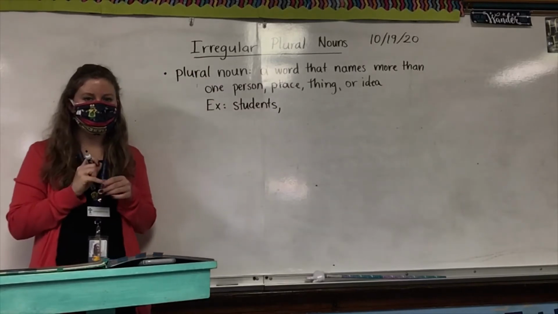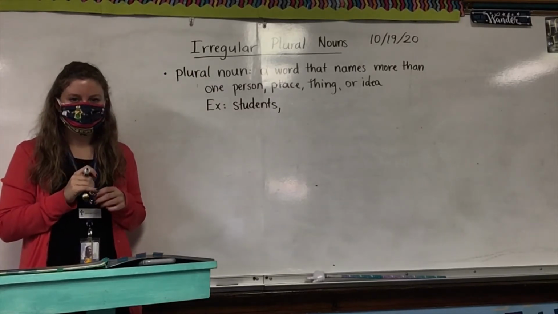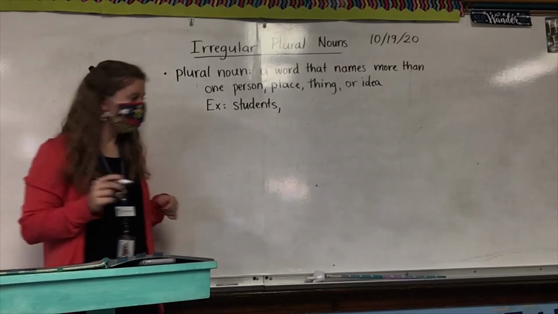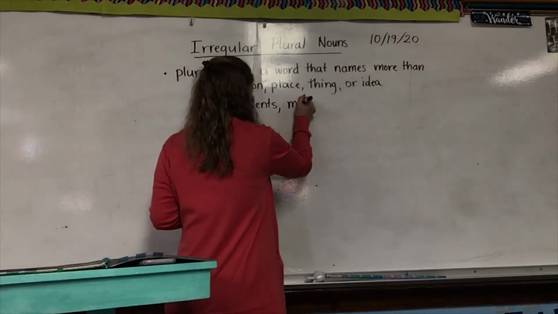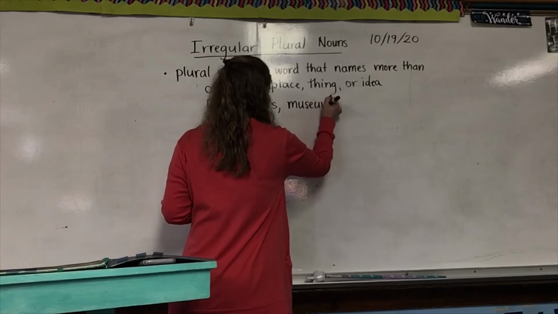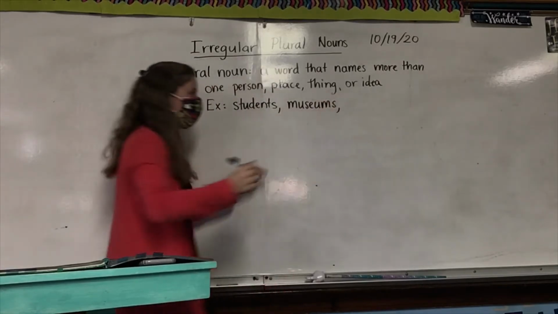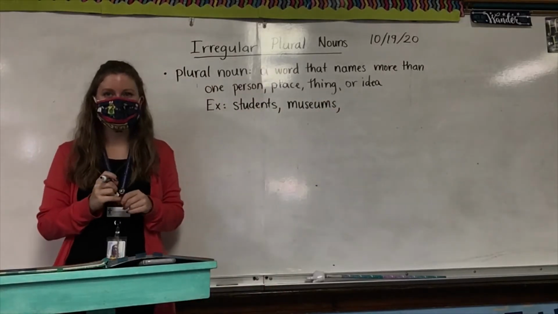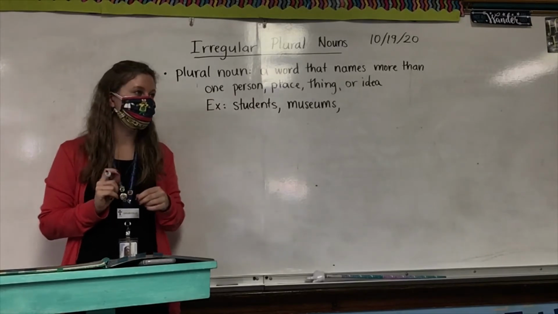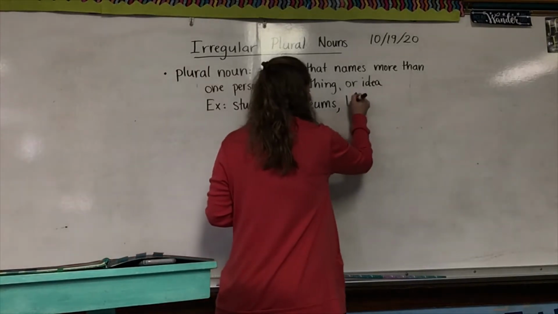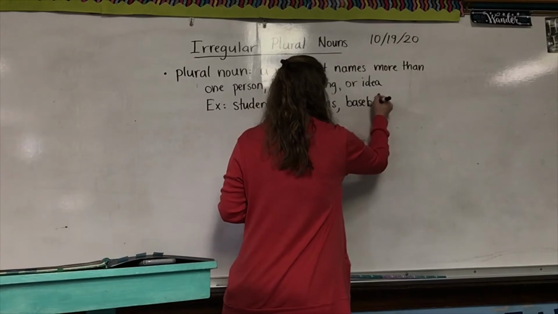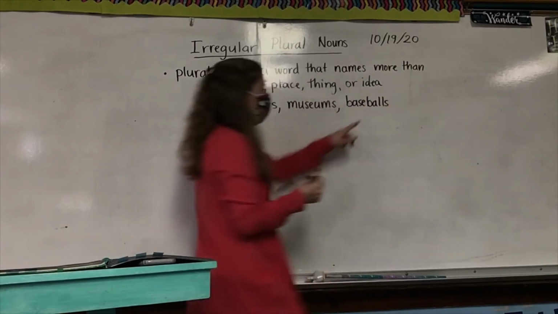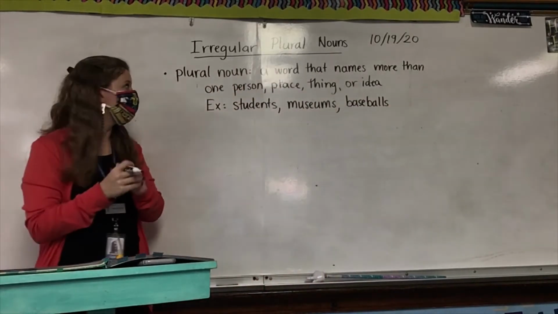What's another one, Smith? Museums. Because we're talking about more than one museum. What's one more? Give me one more, Zadie. Baseballs. Because we're talking about more than one baseball.